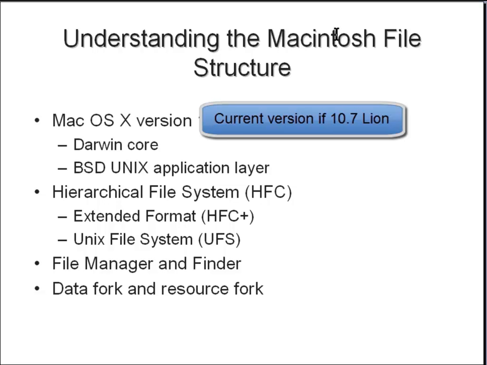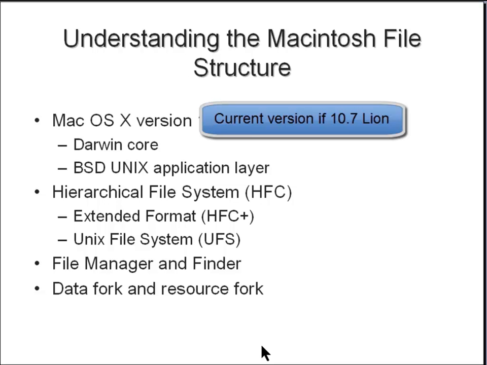And so there's something called a Darwin Core, which is the free Unix-like operating system that serves as the core operating system of the Mac OS X, and it was built out of BSD 5, the Berkeley Standard Distribution version of Unix. And so if you know BSD, it's quite easy to move yourself over to the Macintosh.